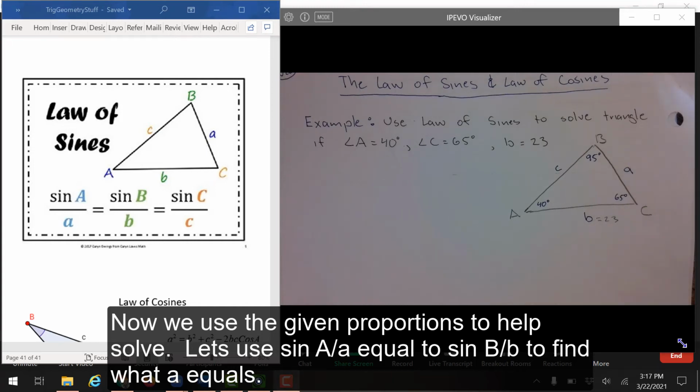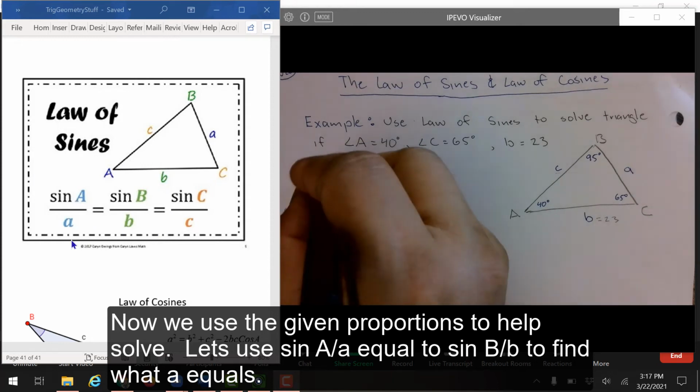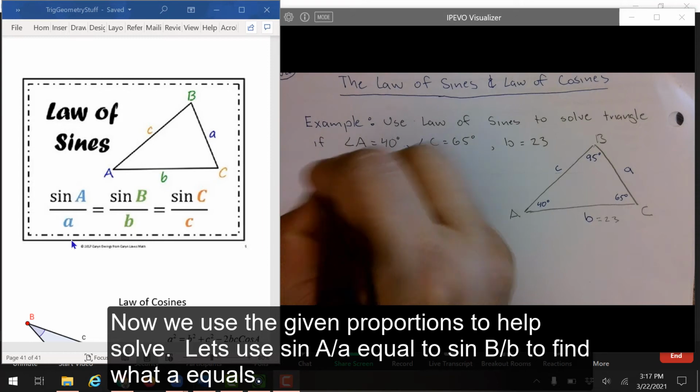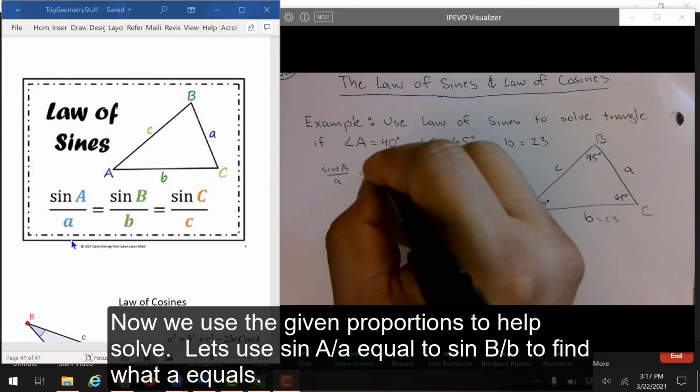Now we use the given proportions to help solve. Let's use sine A over A equal to sine B over B to find what A equals.